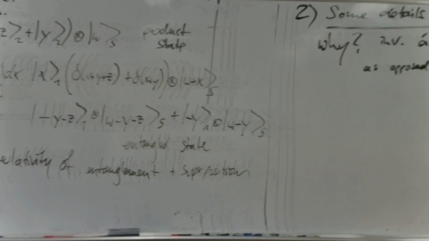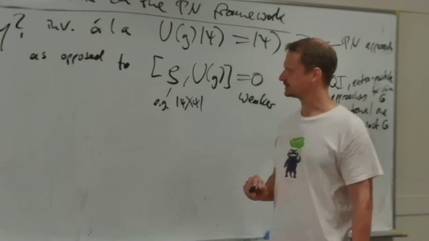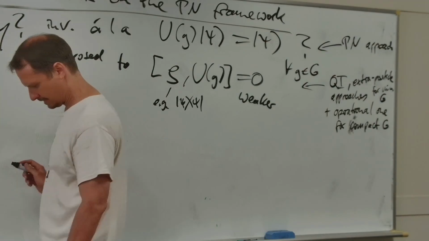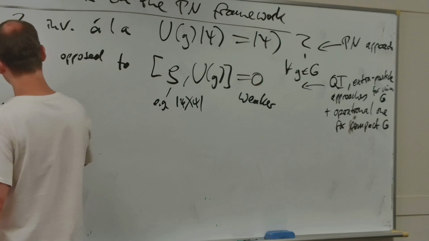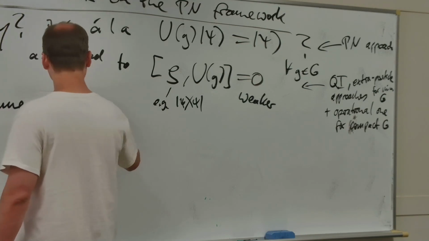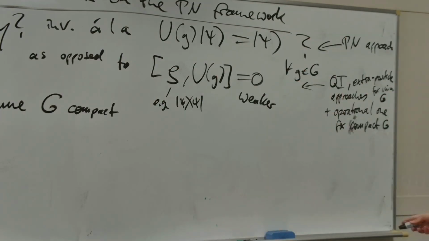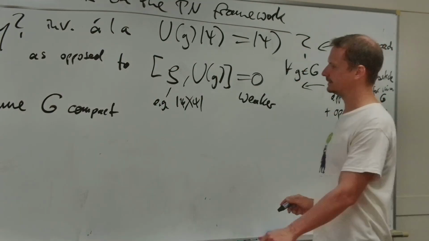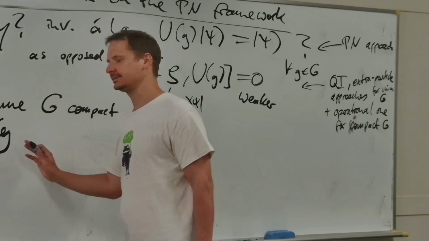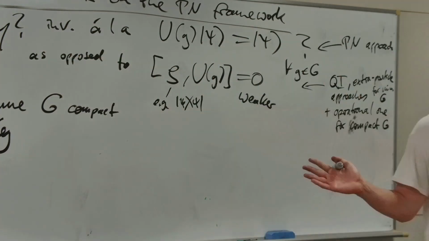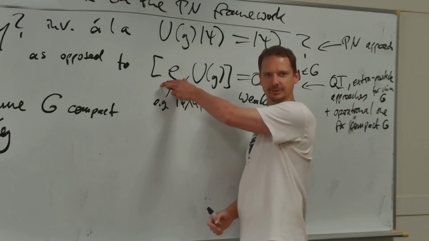For illustration purposes, let me assume G is compact. Because then the G twirl is a projector. When we take the second row, we're really talking about algebras, so these are operators.